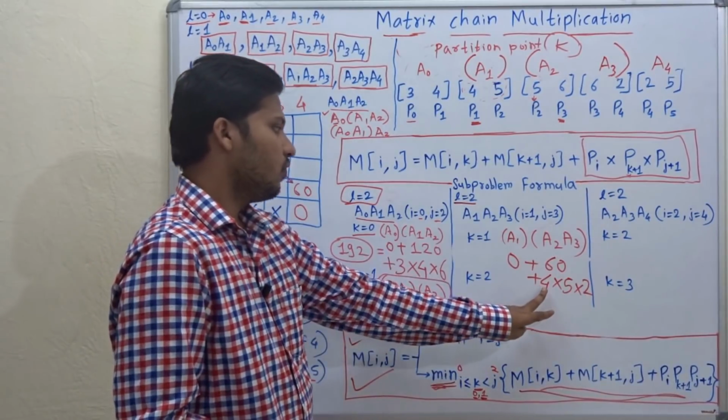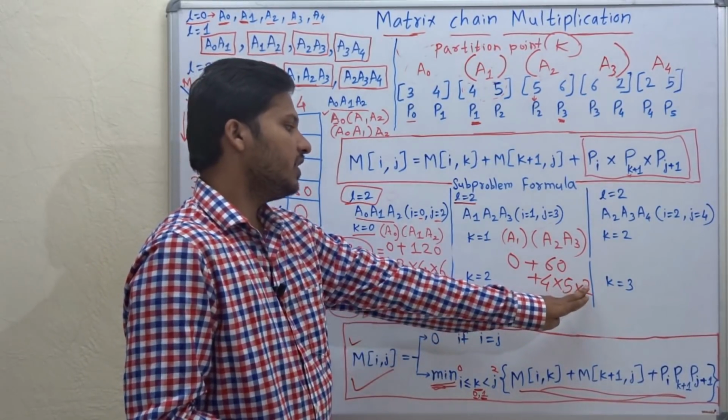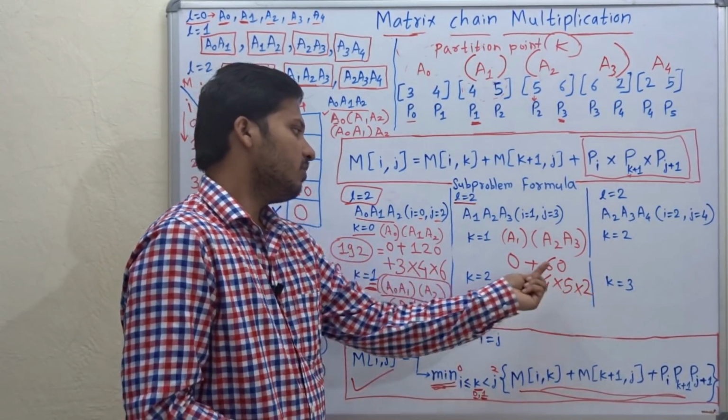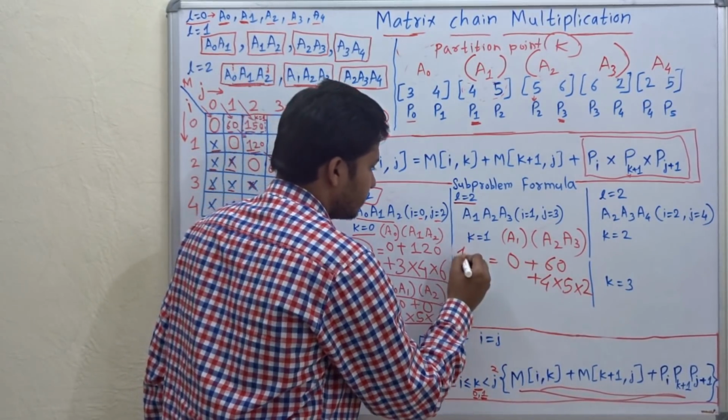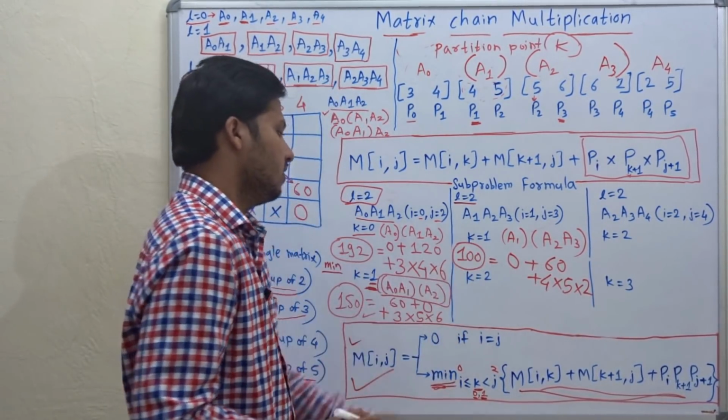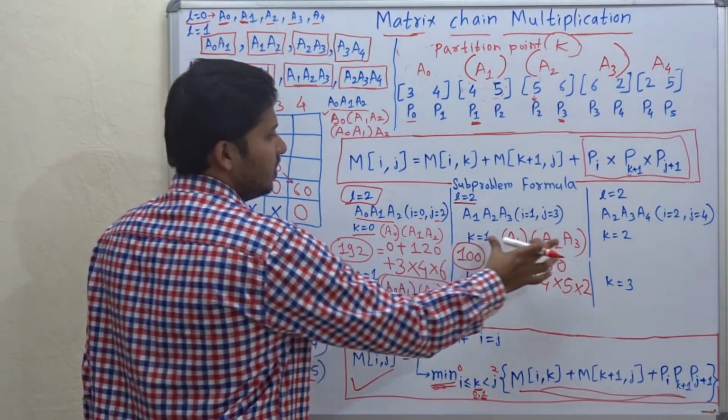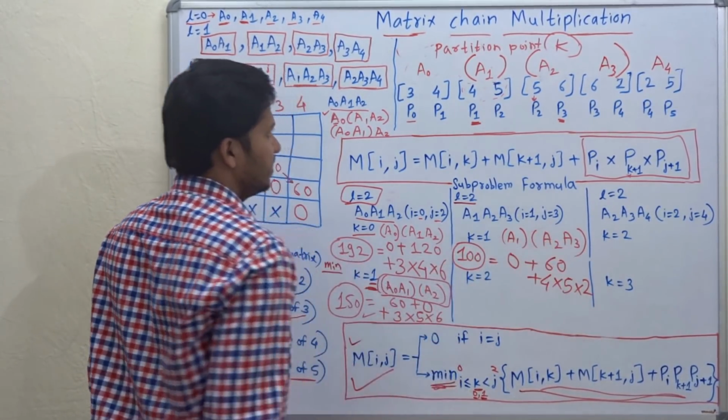So 4 into 5 is 20, 20 into 2 is 40. So 40 plus 60 is 100. So 100 is the cost for this partitioning method.